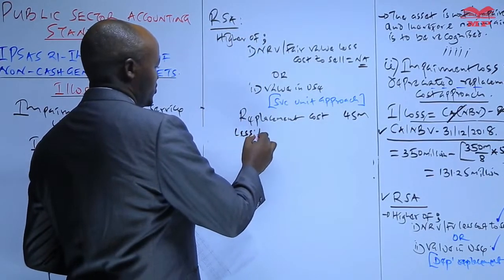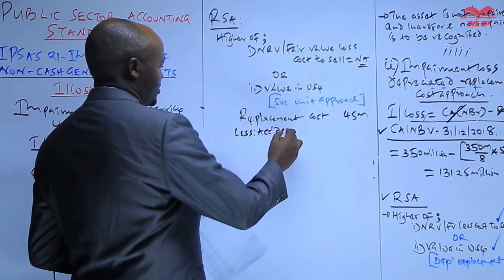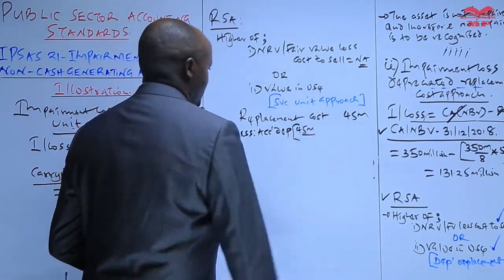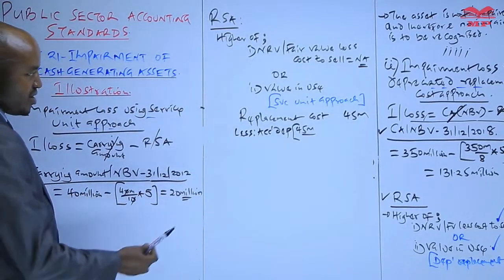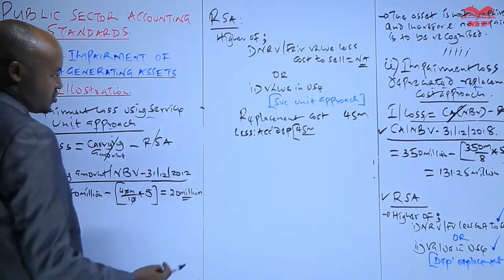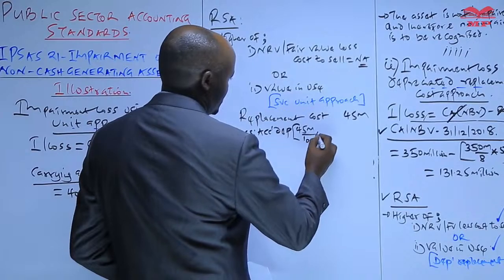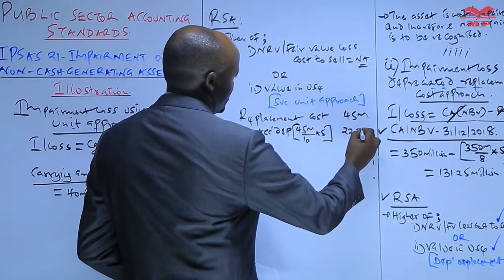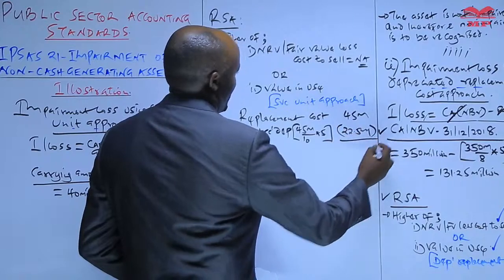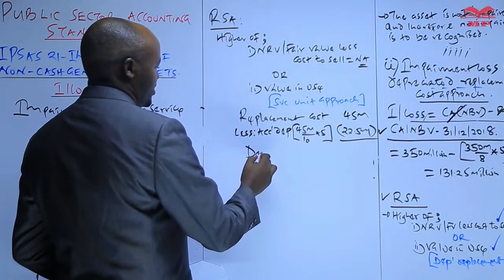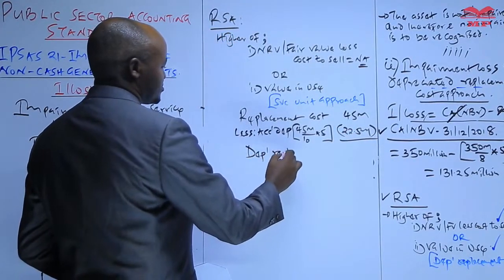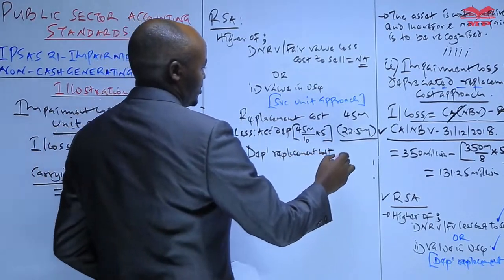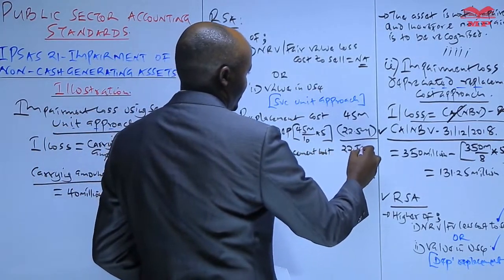We less accumulated depreciation, computed by depreciating that amount over an equivalent duration: divide by 10 times 5, which is basically half of that, 22.5 million. Whatever you get here is known as the depreciated replacement cost, which is 22.5 million.